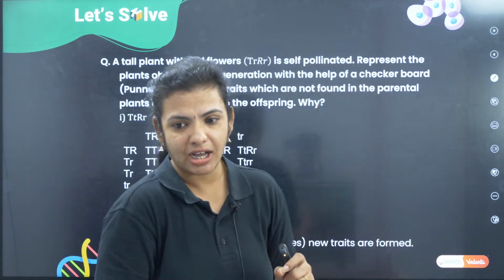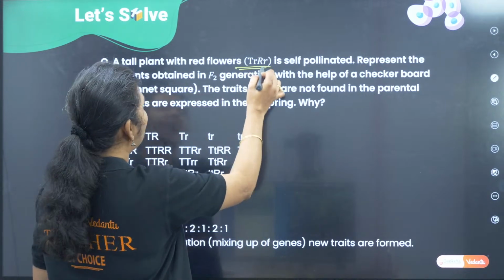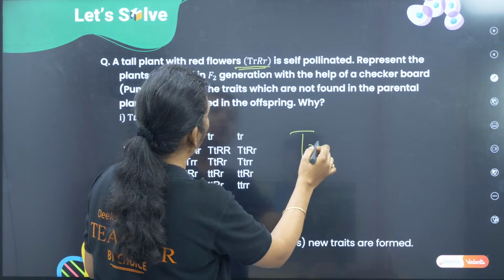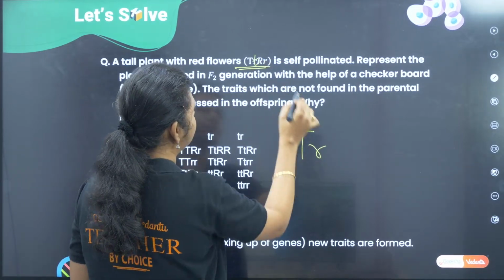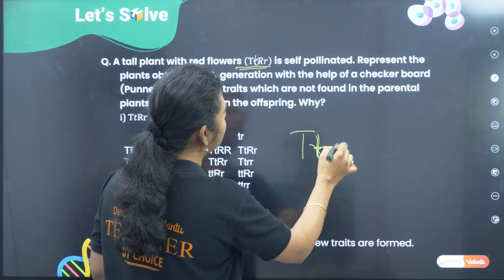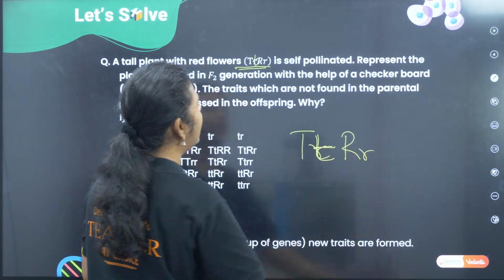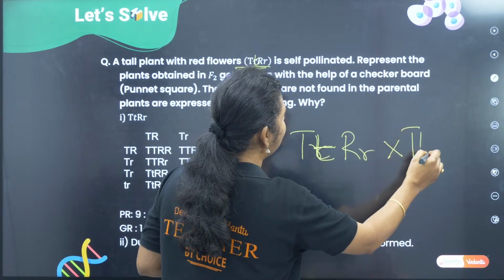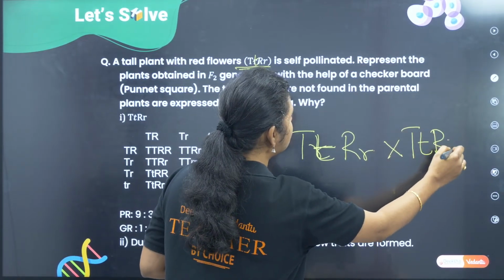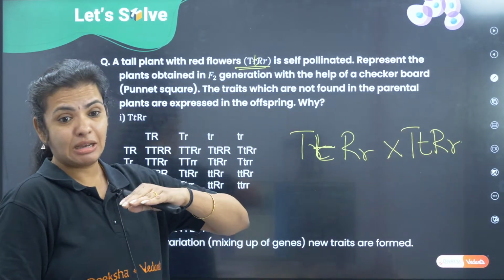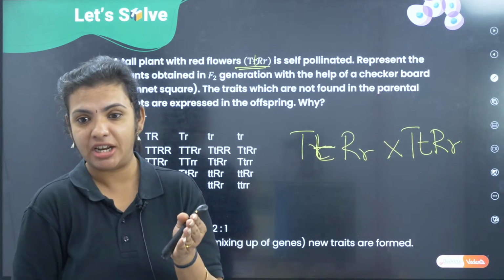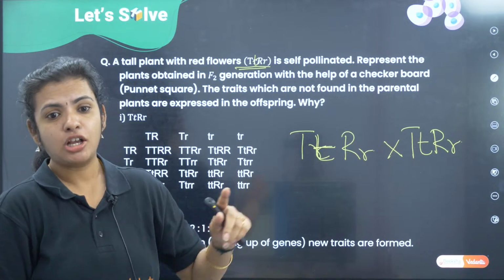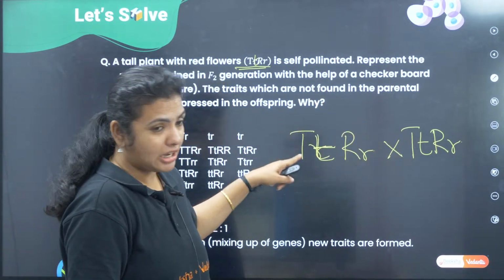Here they have given this genotype: capital T, small t, capital R, small r. It is heterozygous and you are self-pollinating it. This is similar to the dihybrid ratio 9:3:3:1. They have asked you to do the cross.